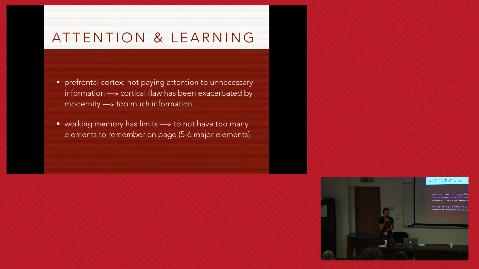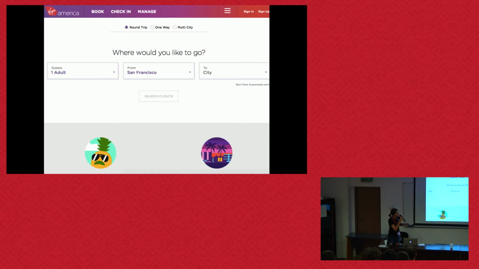Okay. It's important, again, on websites and on shops, to have five or six major elements, because our brain needs time to focus on them. Virgin America had something like that.